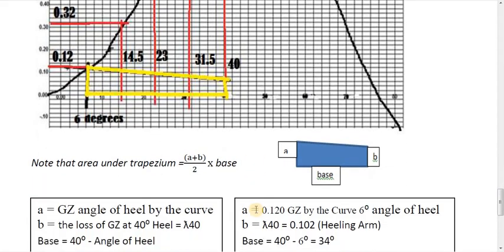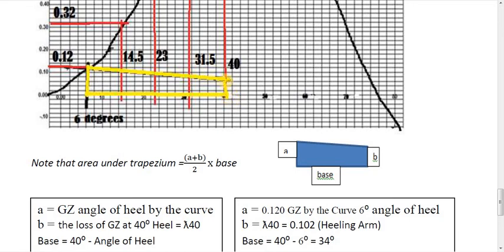As you can see here, this is the trapezium area. A is the GZ at the angle of heel of 6 degrees, the first side of the area, and the last side of the area is the loss of GZ at 40 degrees, which is 0.102, calculated earlier.